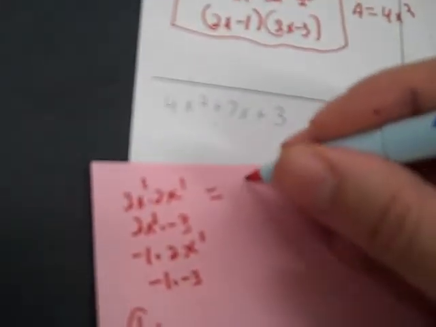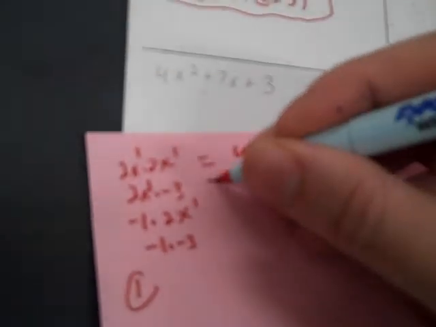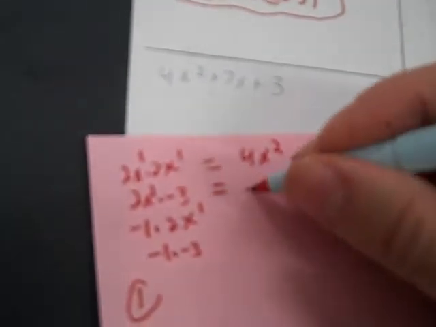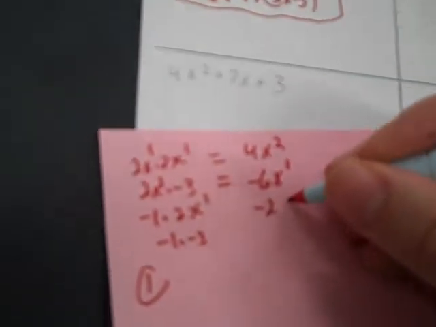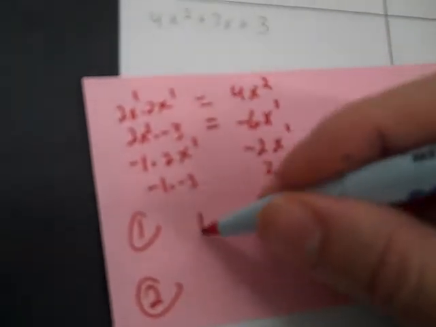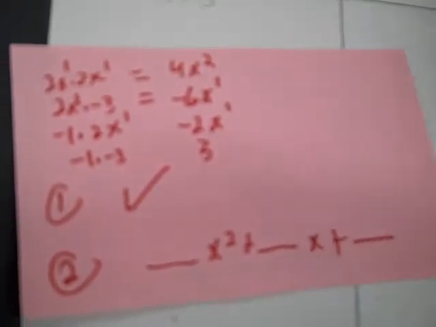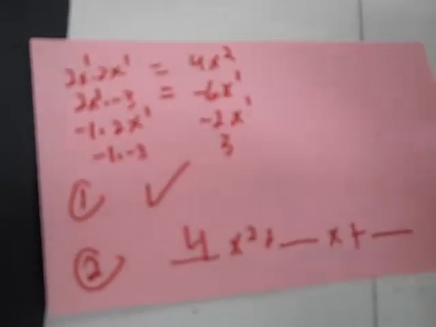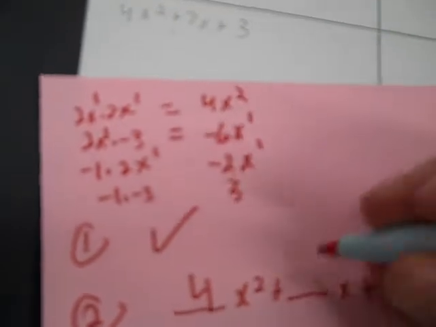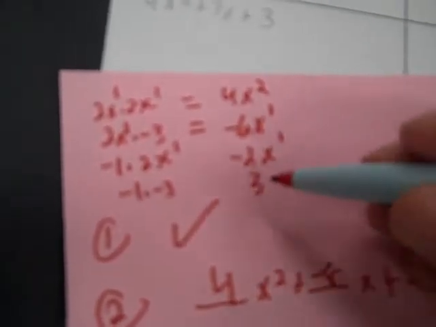So that's 4x to the second. That's negative 6x to the first. That's negative 2x to the first and positive 3. So check that, and then your highest power is a 2. You don't do this. This is just me. So you've got 4x squared, negative 6x, negative 2x is negative 8x, and then we've got 3.